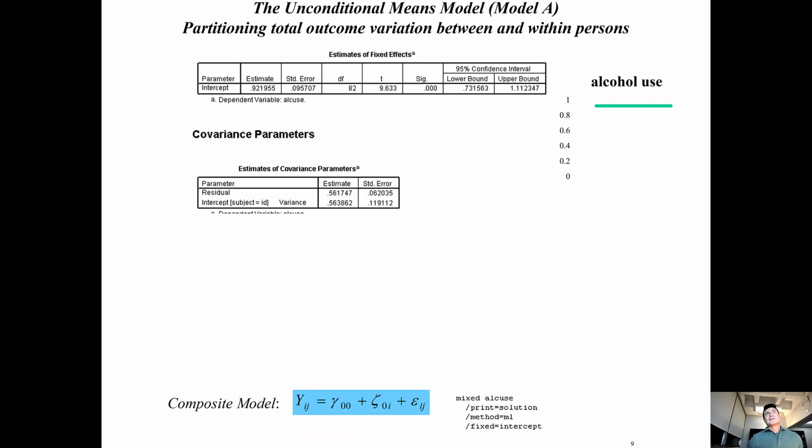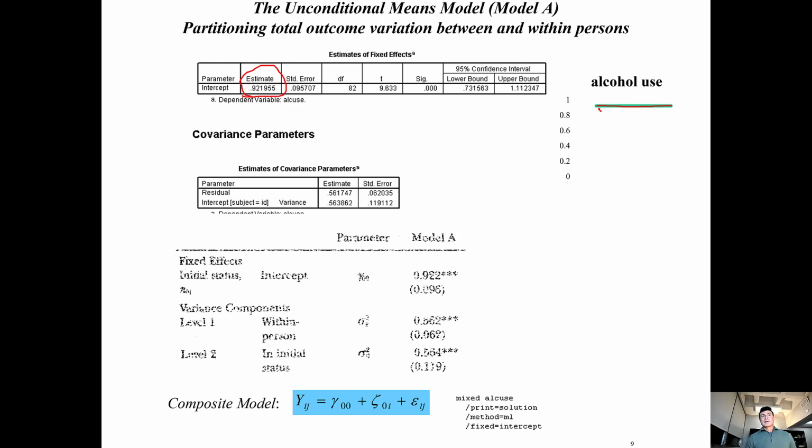So again, this is where we see the data coming out of SPSS. This is my average. On average, I've got 0.922. That's where I'm getting this term here, at 0.922, and that comes from there in the SPSS output.